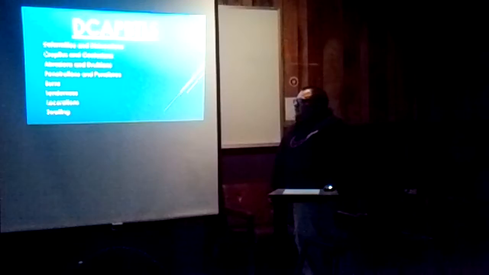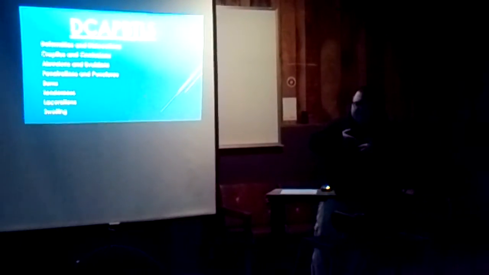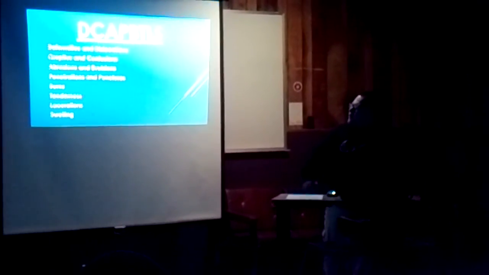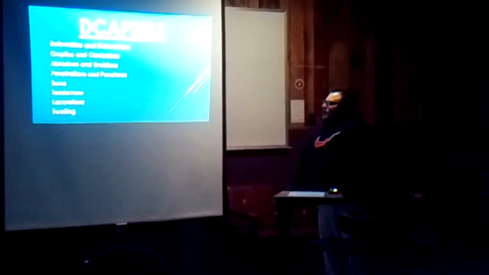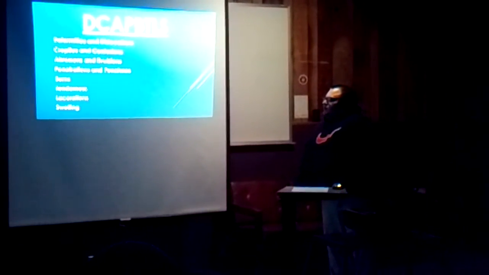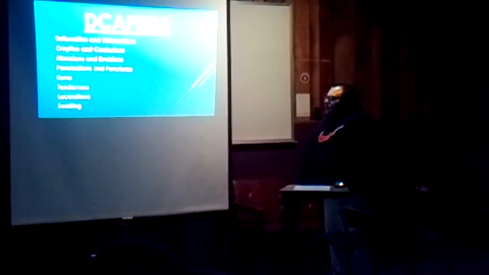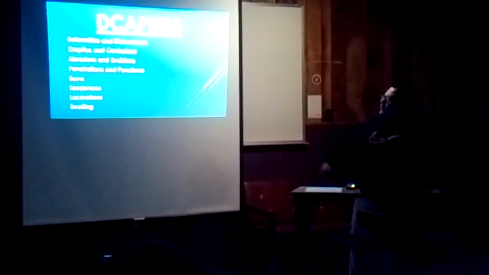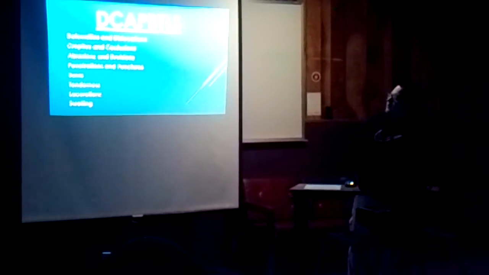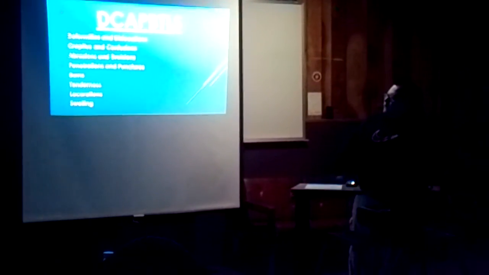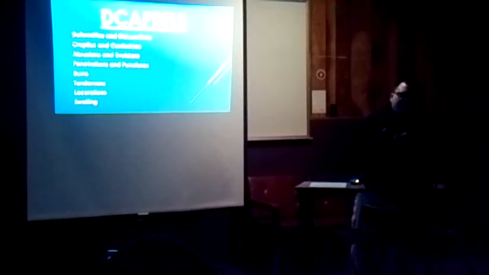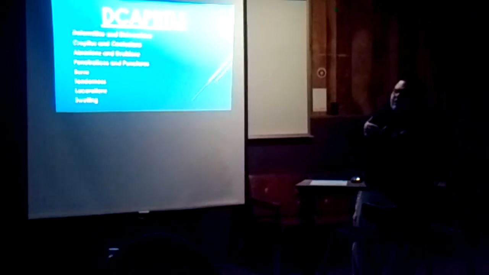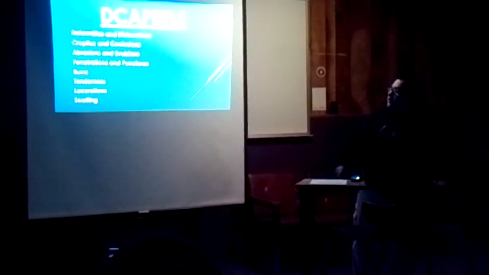Crepitus and contusions. Crepitus is a crackly sound, like if you push down on their chest and it crackles, and contusions are bruising. Abrasions and avulsions. Abrasions, you'll see a lot of that with motorcycle wrecks where they have real bad road rash. Penetrations or punctures. Punctures like stab wounds; penetrations, any object that pierces the skin or goes into the skin.